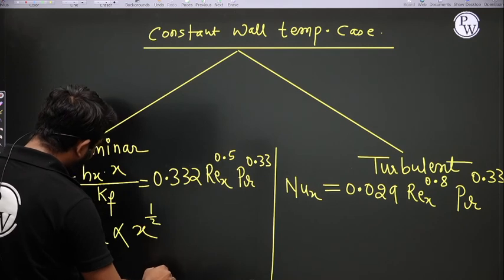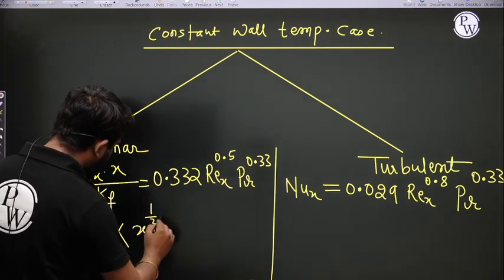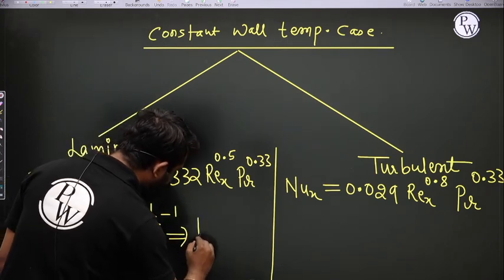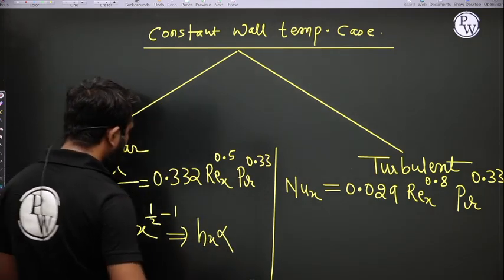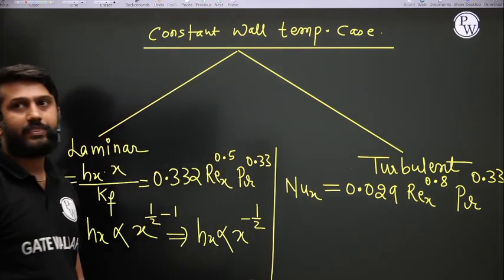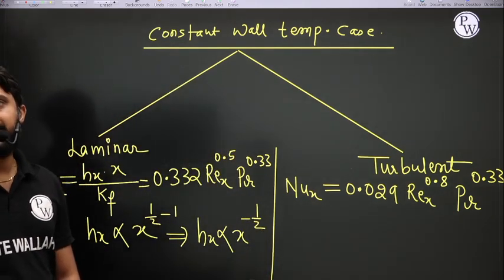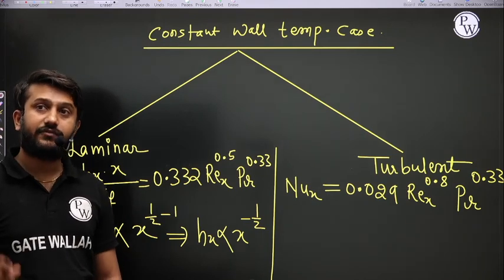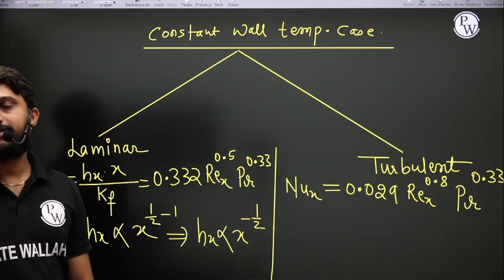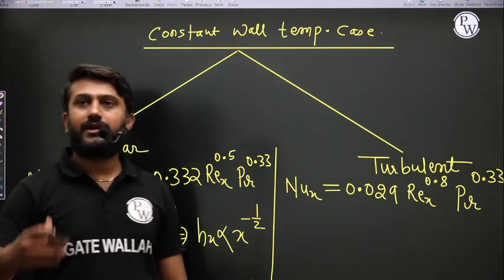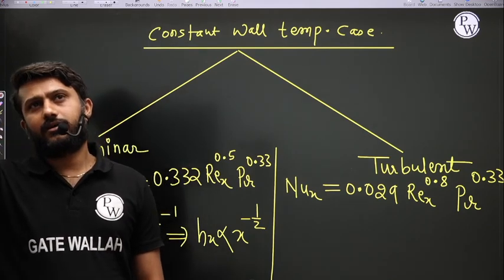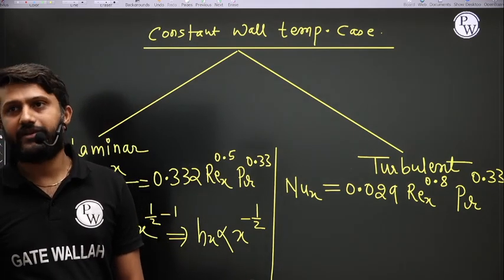Now this x is in the denominator, so the power is minus 1/2. So h_x is directly proportional to x to the power minus 1/2, or h_x is proportional to 1 upon x^(1/2). So in the x direction, the convective heat transfer coefficient decreases.